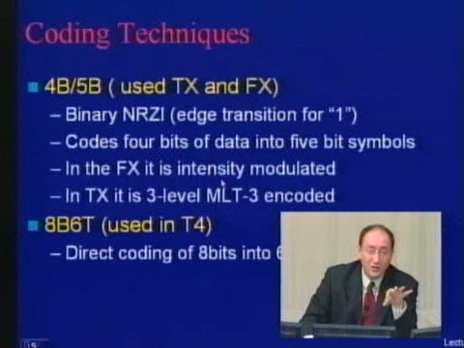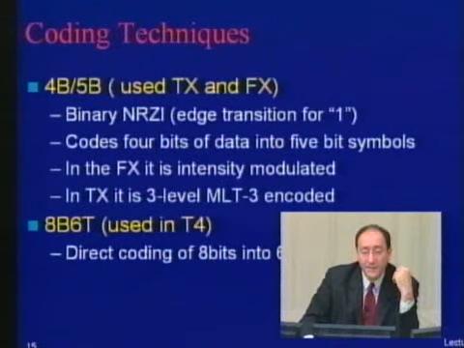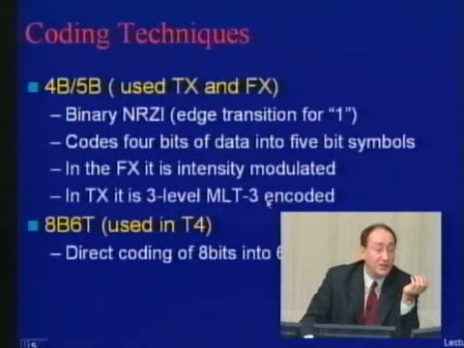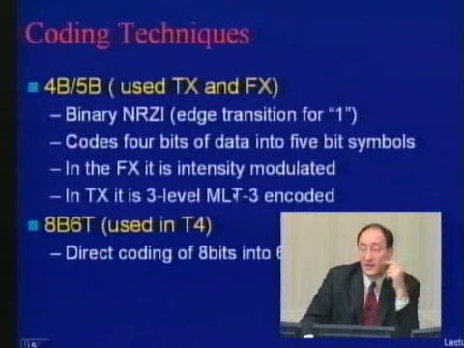That means 0 goes for what? For no light. 1 goes for light. If it is cable, you do another layer of coding that they call MLT-3. How does that one work? This is a 3-level coding. I can talk about that a little bit in the next line.